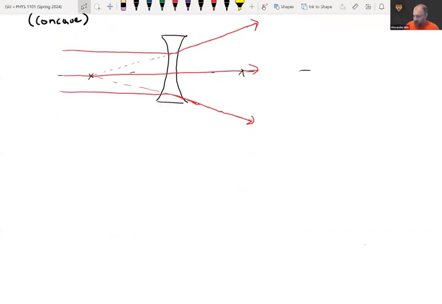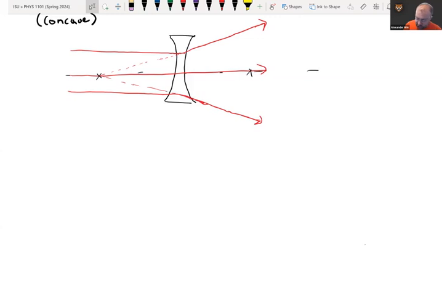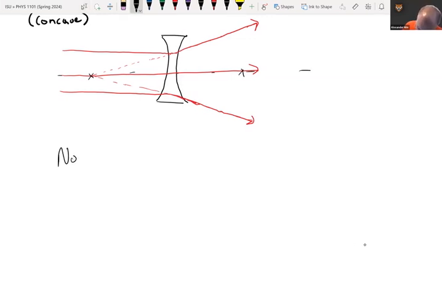I just want to be clear that because these things diverge, no real images are generated, only virtual images. So you cannot use a diverging lens to project an image.